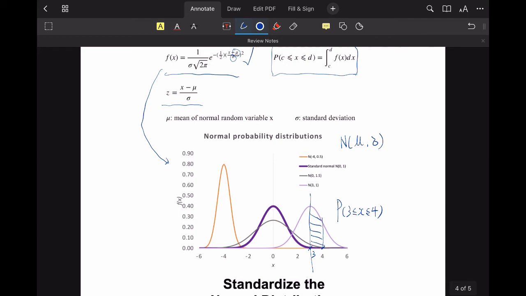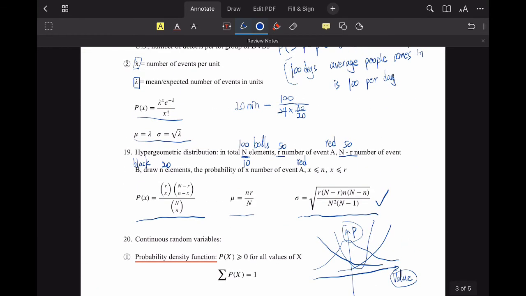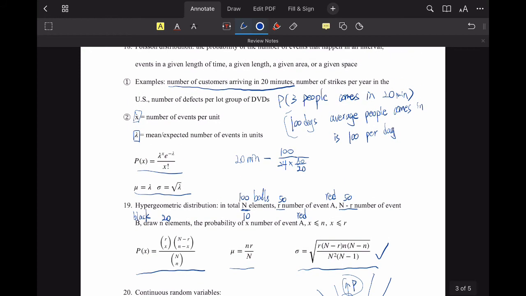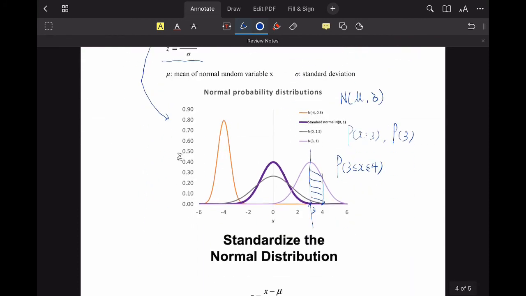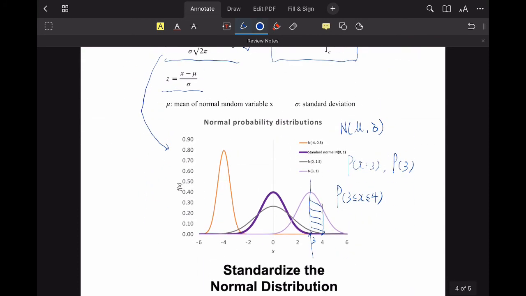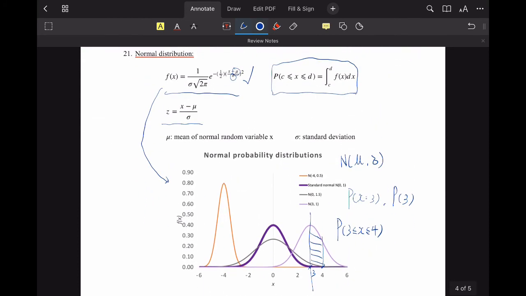Why is it not just P(x = 3) or P(3)? Because before we always did P(x), right? But why here do we not use P(x)? We use a range, P(x) in a range.